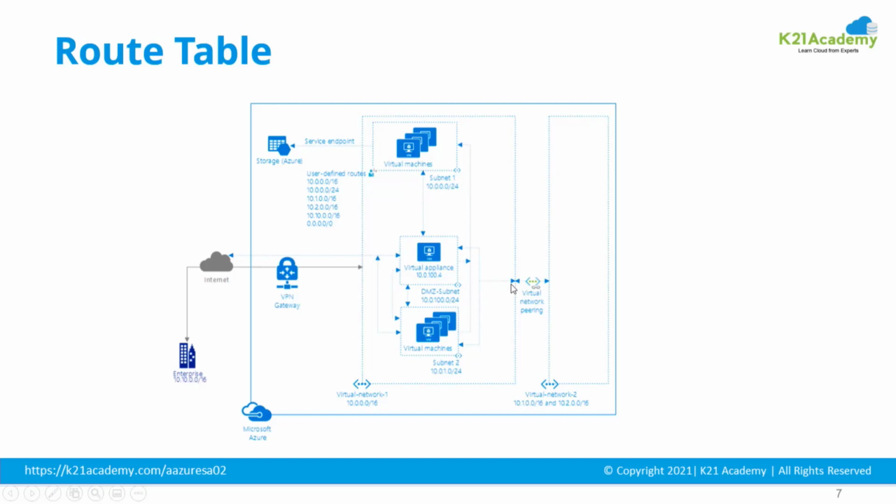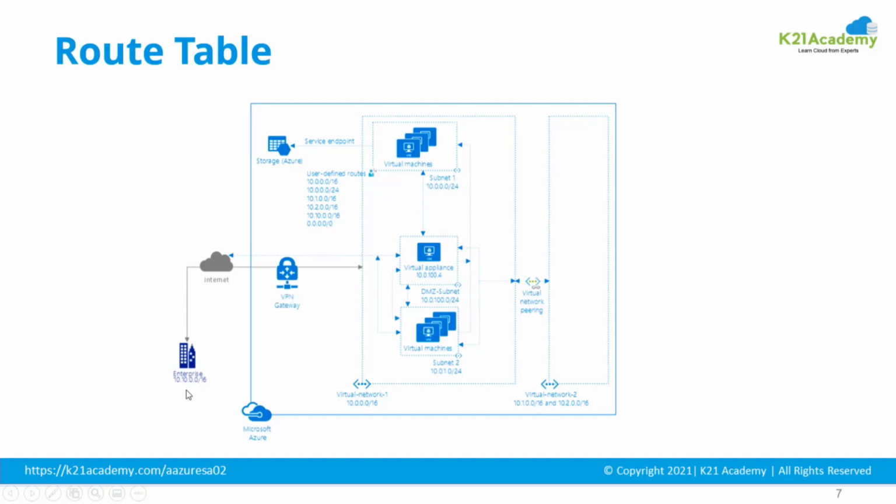When a machine in one network needs to talk to another network, it needs a route table. That's one method of connecting. The other method is VNet peering, which we'll cover in later modules. So in a nutshell, a route table will dictate or help with connections going out of the virtual network, which could be other services, other networks, or your on-premise data center.